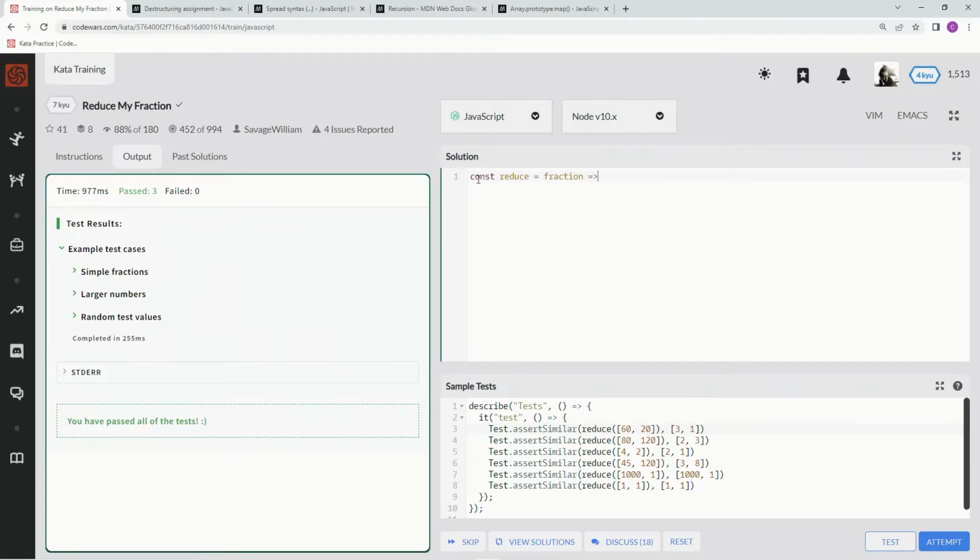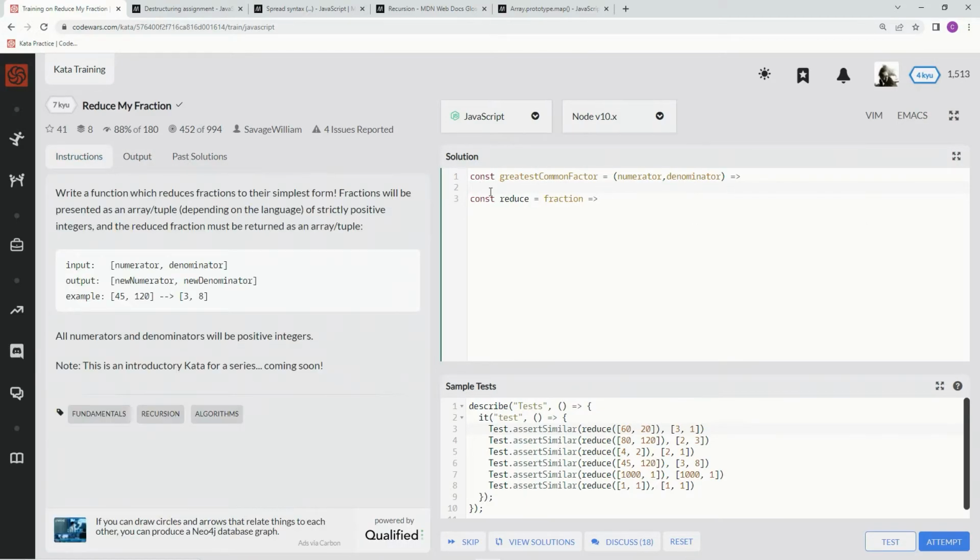But we can't even do that. We can't even mess with this yet until we have a greatest common factor function. So we're going to say const greatest common factor, and we're going to have that equal the numerator and the denominator. All right, and then we're just going to start on the next line because I don't have too much room here.